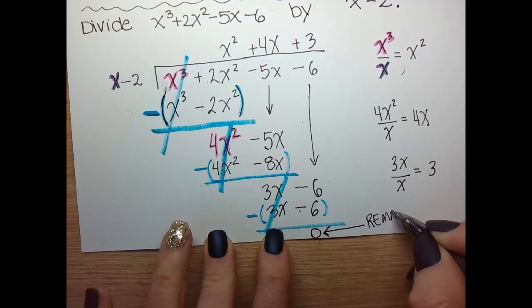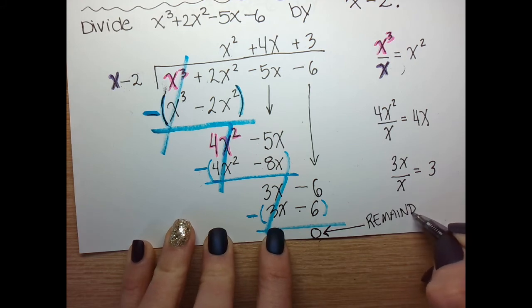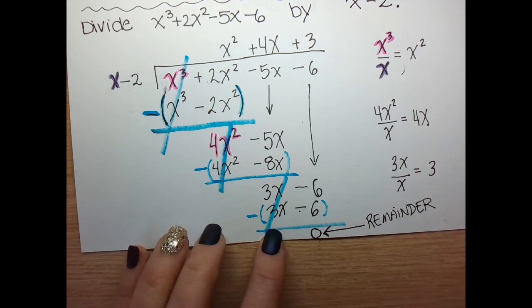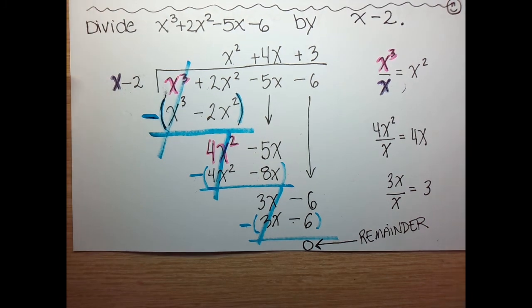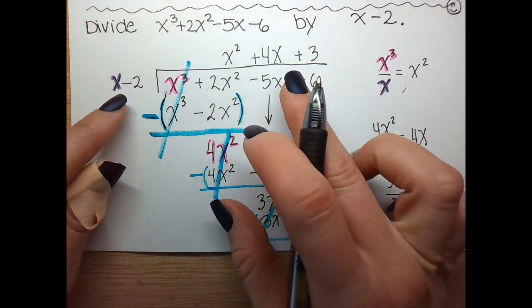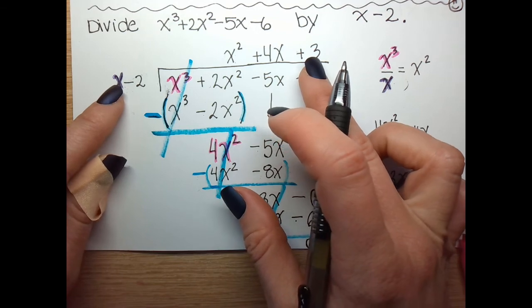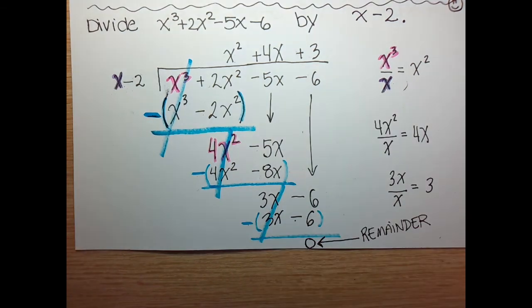Exactly, it's the remainder. If your remainder is 0, or if you don't have a remainder, what does that tell you about your division? No, it tells you that these are factors, right? When you have no remainder, it just means it divides evenly, right?